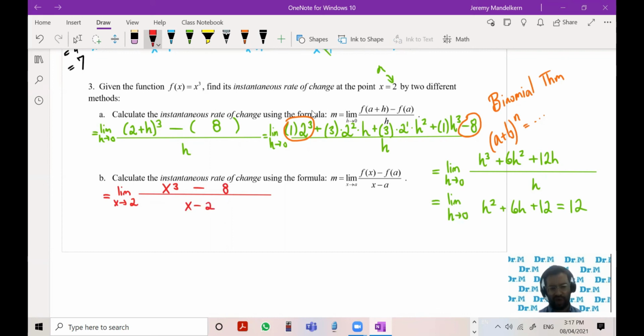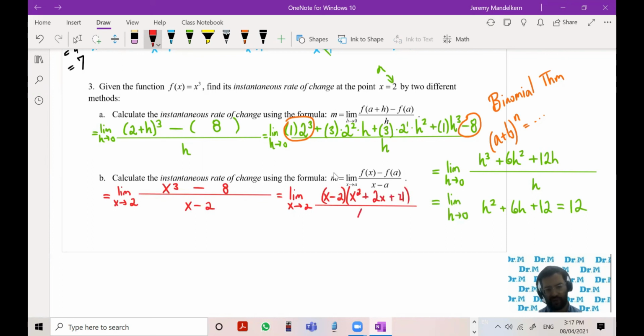We can go ahead and apply the difference of cubes factoring formula in the numerator to get the limit as x goes to 2 of, and it looks like we're going to wind up with x minus 2 times x squared plus 2x plus 4.